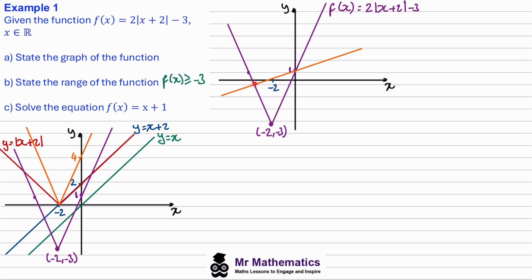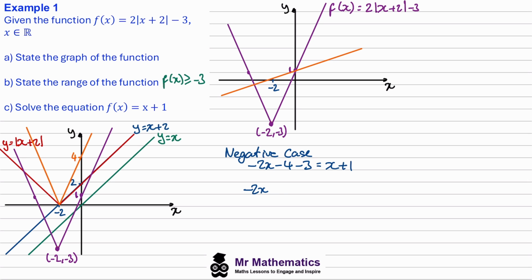So to find this value of x, we need to consider the negative case. So this will be the negative of x plus 2, and we can write this as negative 2 here. Then if we expand this out, we'll get negative 2x minus 4, take away the 3, will equal x plus 1.